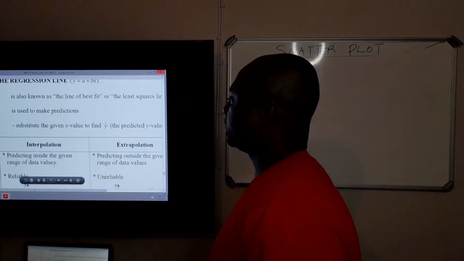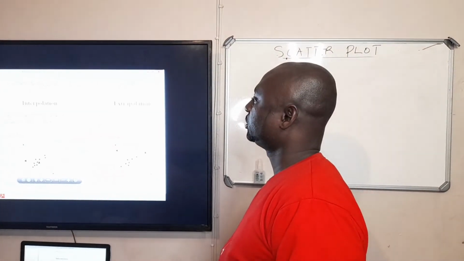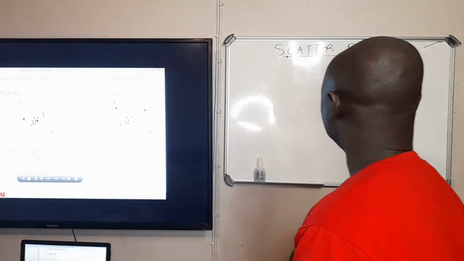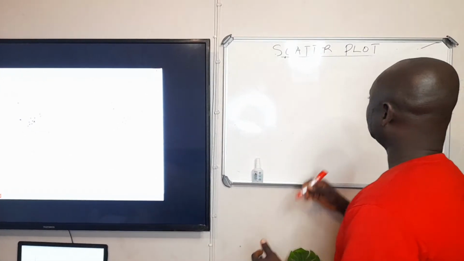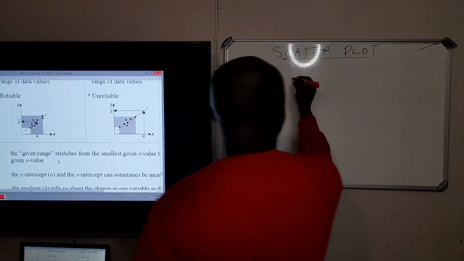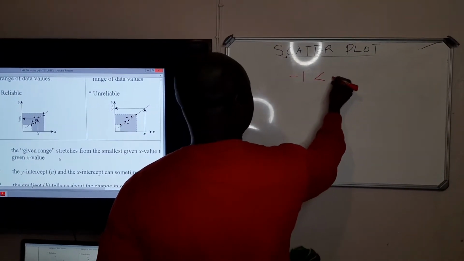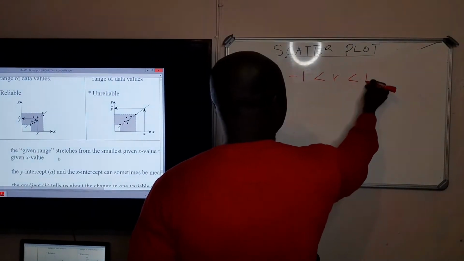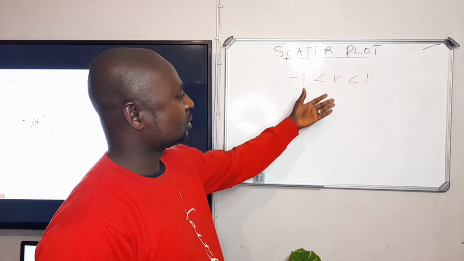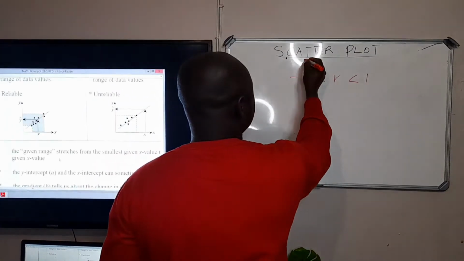When we talk about the correlation coefficient, we are looking at the value where R is between -1 and 1. This is where the correlation coefficient lies.